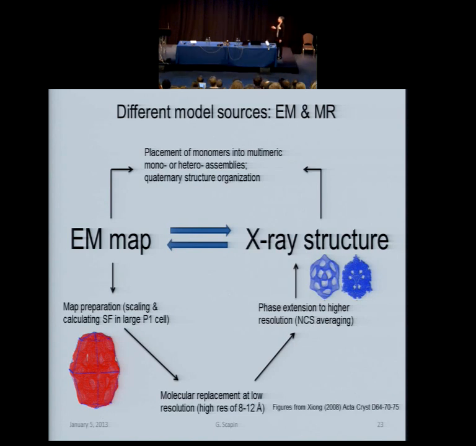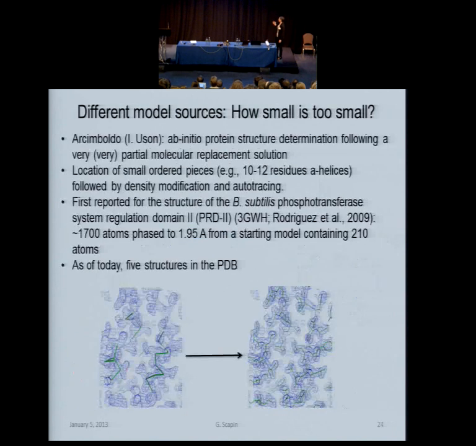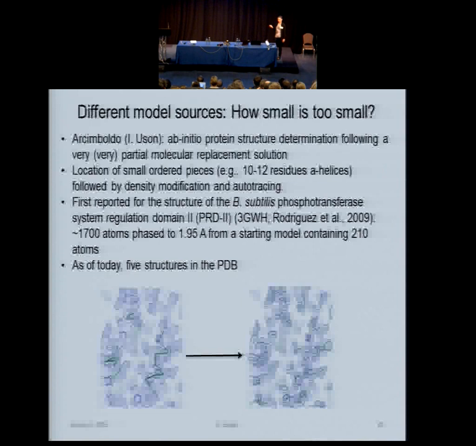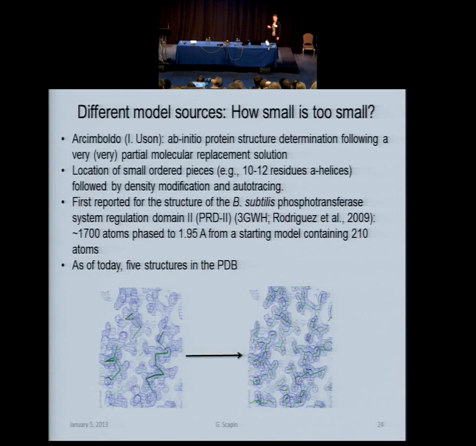Last but not least, we heard about Arcimboldo, the fact that we can use very, very small pieces now to phase ab initio protein structures and then extend the resolution. I heard for the first time about single atom phasing, which I thought was very interesting, and I'm curious to see where that goes.